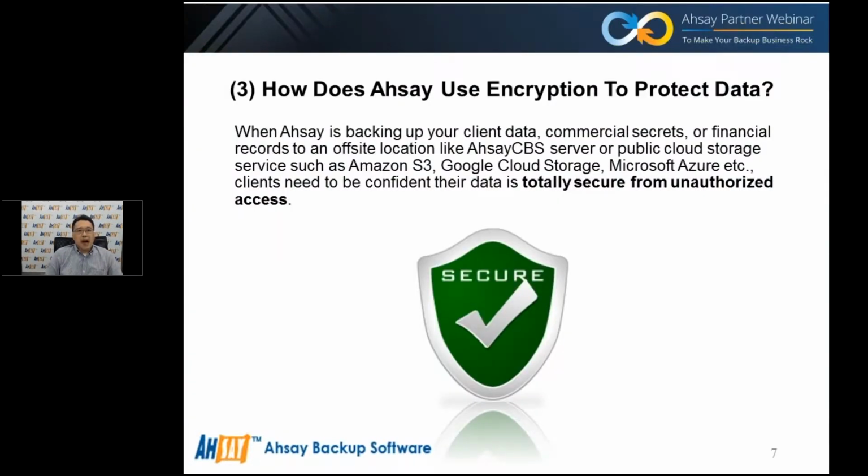Okay, so how does Ahsay use encryption to protect data? When Ahsay is backing up your client data, commercial secrets or financial records to an offsite location like the AhsayCBS server or a public cloud storage service such as Amazon S3, Google Cloud Storage, or Microsoft Azure, clients need to be confident that the data is totally secure from unauthorized access.